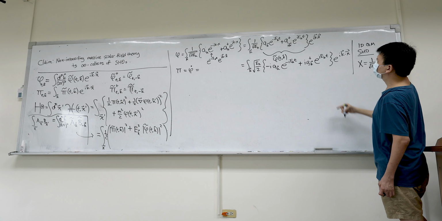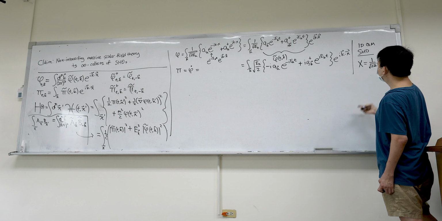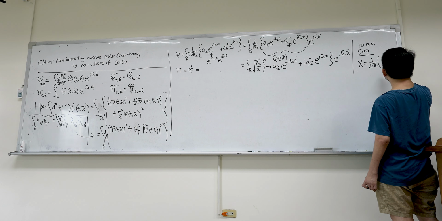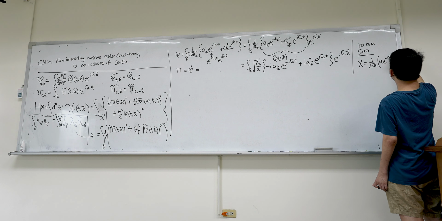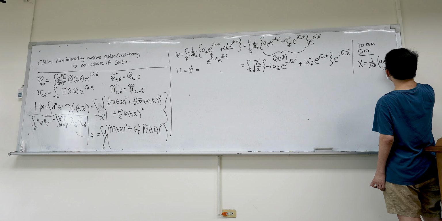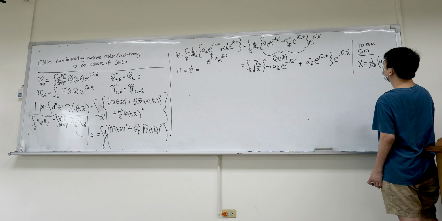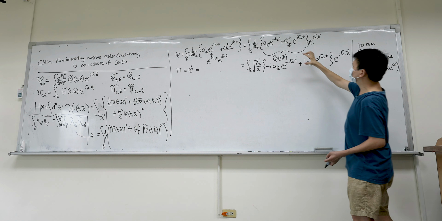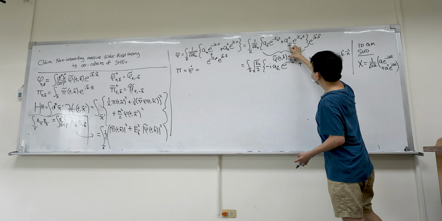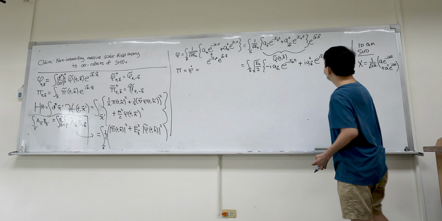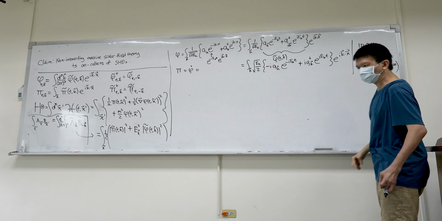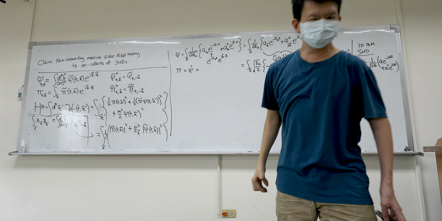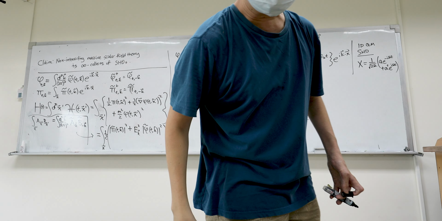In the Schrodinger picture you have no time dependence, but in the Heisenberg picture it will look something like a e to the minus i omega t plus a dagger e to the plus i omega t. There's a slight complication from the momentum dependence, but if you look back at your notes in quantum mechanics, this should look familiar.